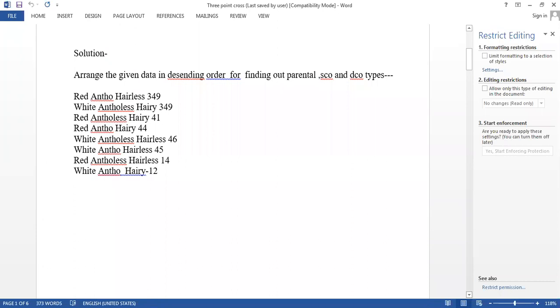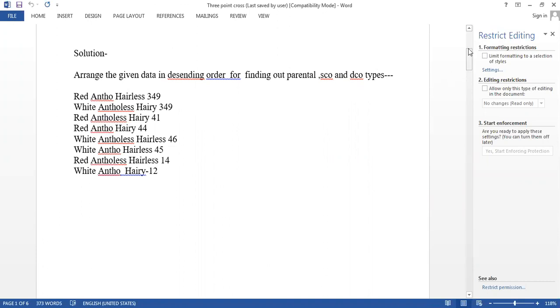For finding out the location of the gene, you have to arrange the data in descending order, so that you can find out which are the parental types, which are the single crossover types, and which are the double crossover types.